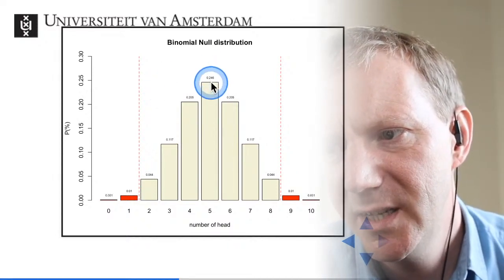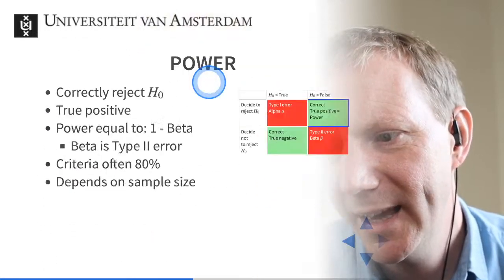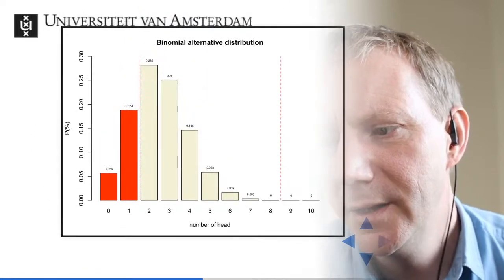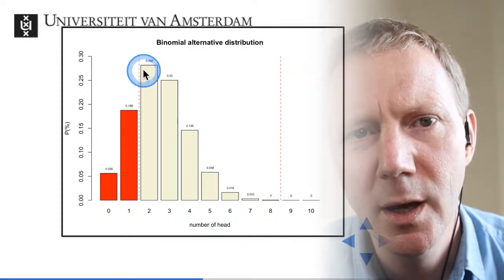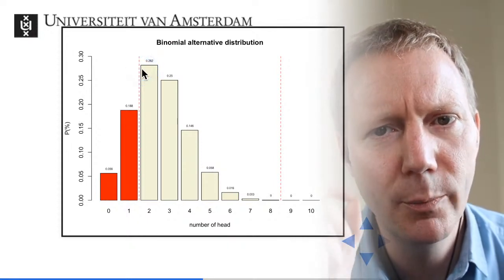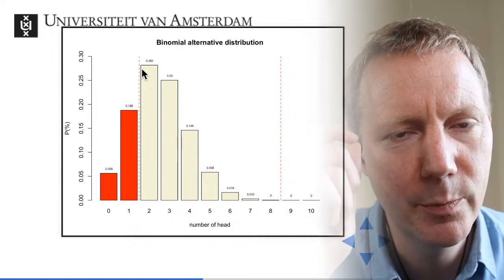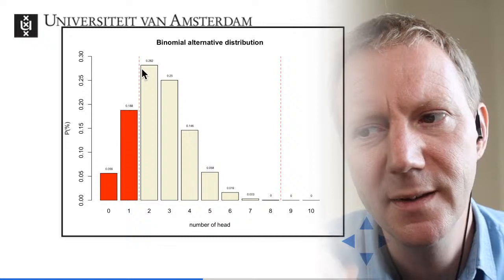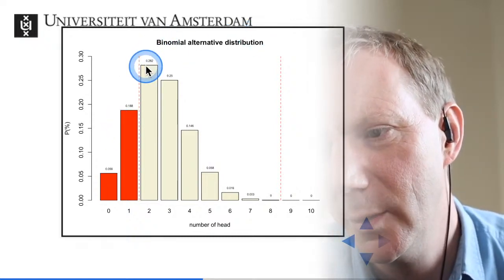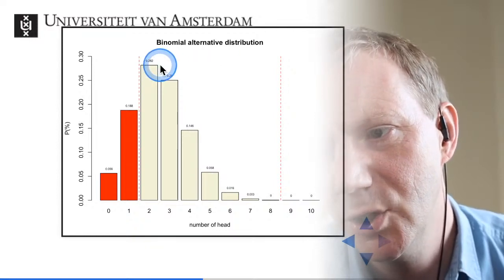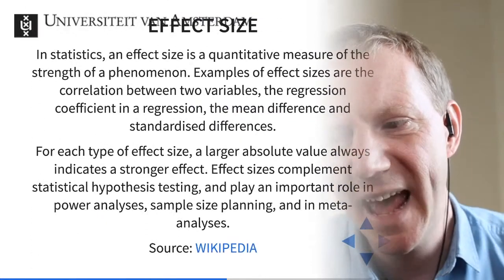The effect size is the difference between this top that we have here on the null distribution and the top of the alternative distribution based on the data. So if I assume my 2 times that I've thrown head to be the population parameter, so it's 20%, then I think it also would be the top. So it would be the difference between this top and the top I showed you before. Okay, thank you. Yeah, and it's the absolute difference.